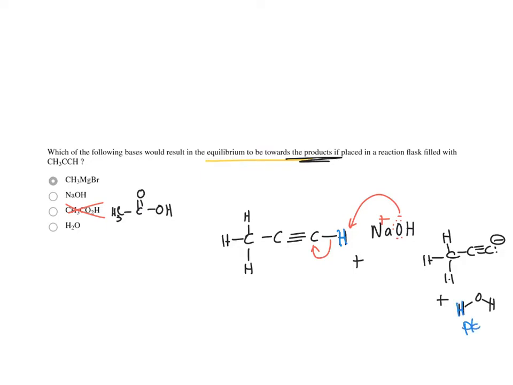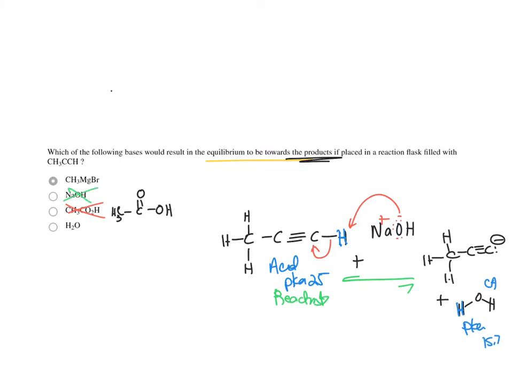Okay, so this is your conjugate acid, so the pKa of that is 15.7. We say our acid over here is pKa of 25, so we're comparing 25 with 15. Okay, so that's going to be towards the starting material, so the reactants. Okay, so it can't be sodium hydroxide.